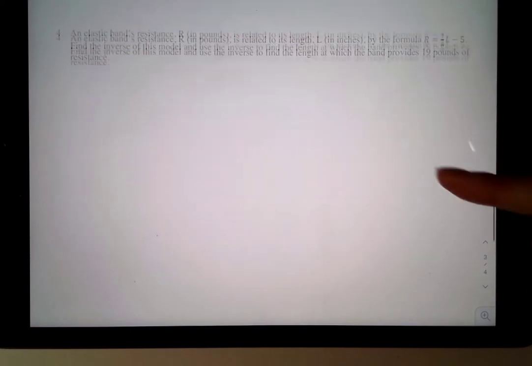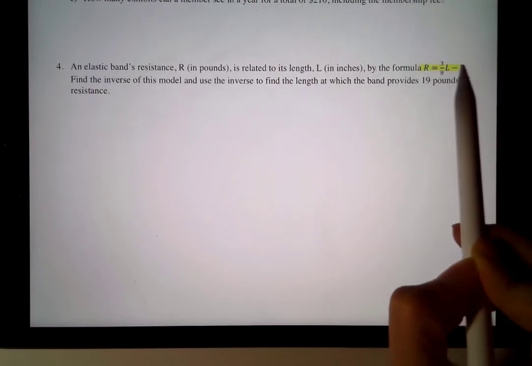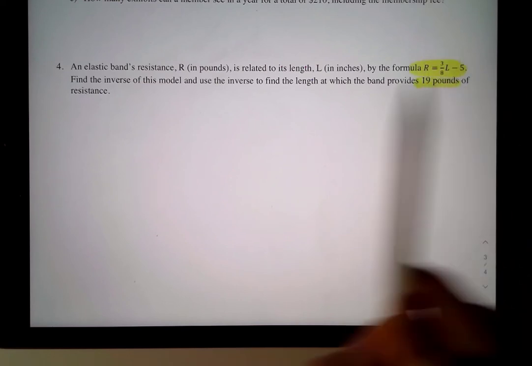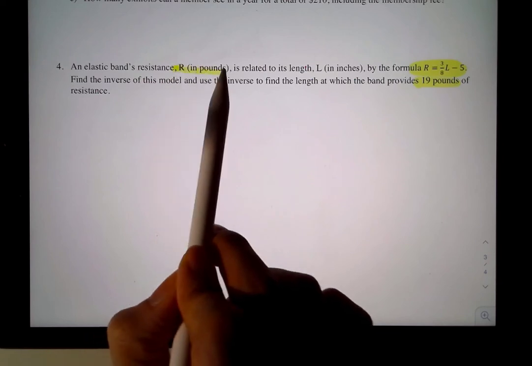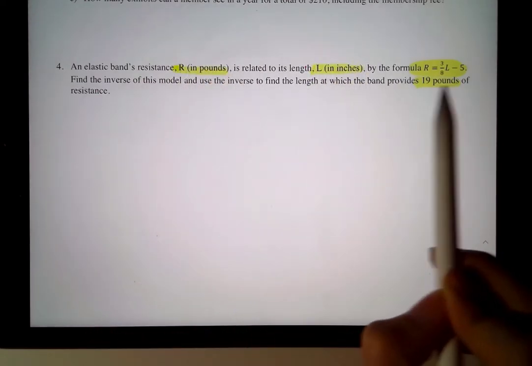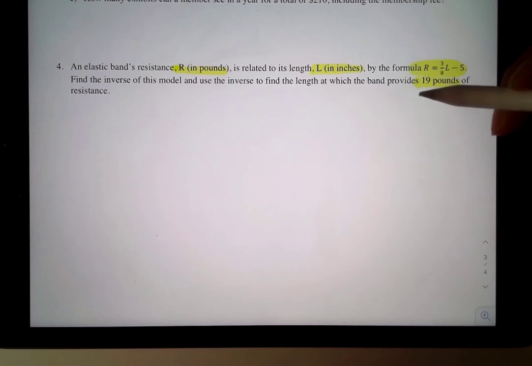So try this. And number 4, you just have an equation here. Find the inverse, for 19 pounds. Check the units. R is in pounds. L is in inches. 19 pounds, then what does that mean? That's R. Your R equals 19.